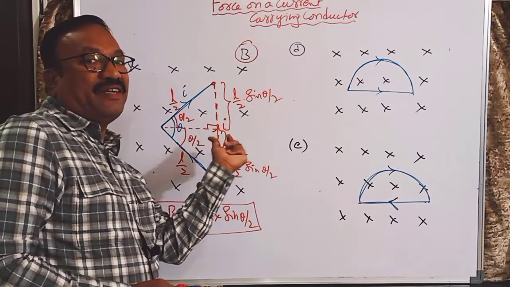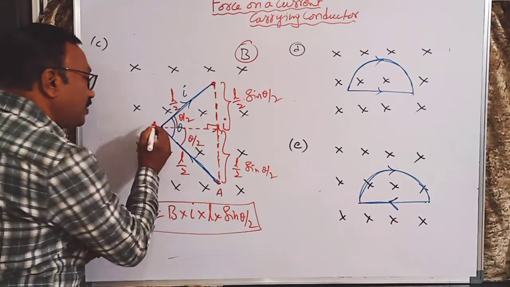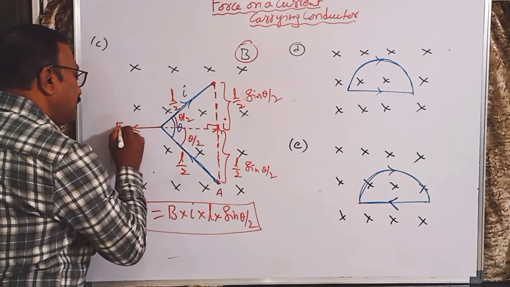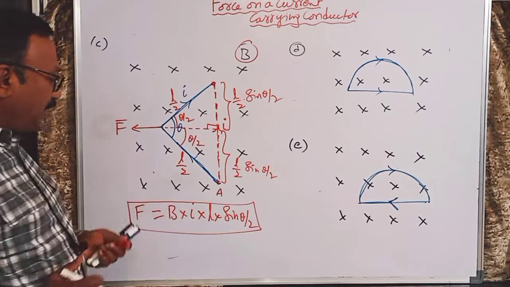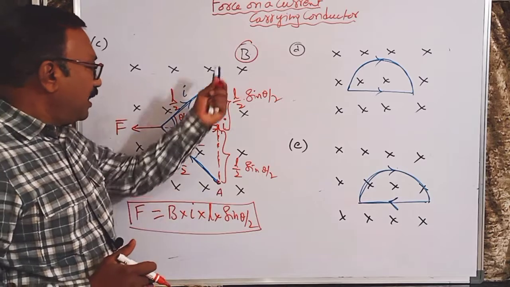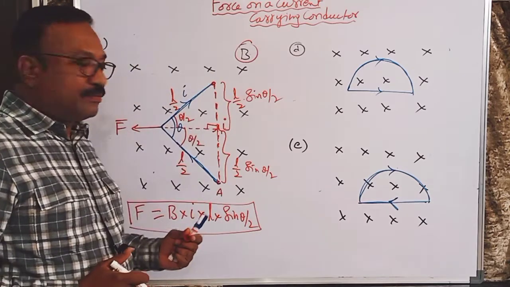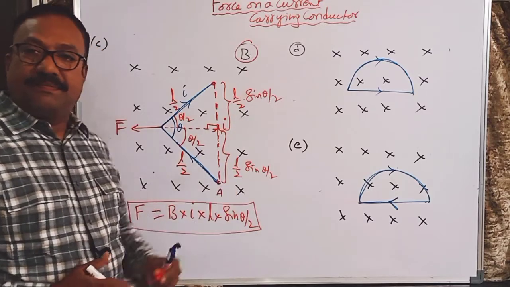So the force will be acting towards left. There is no conductor here, so the force will act like this on this loop. So that is how we calculate the force. L means this length. L by 2 sine theta, that is L sine theta by 2.